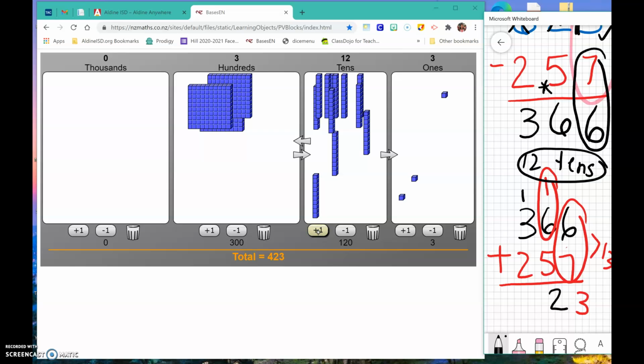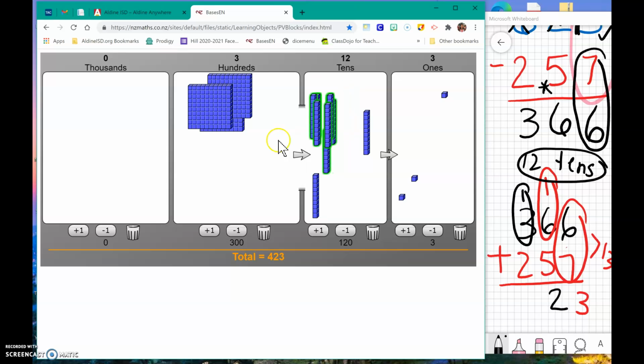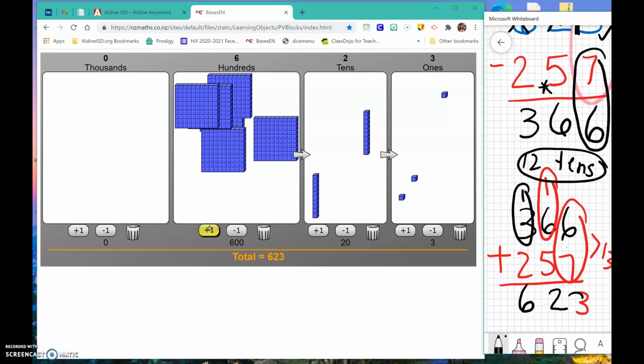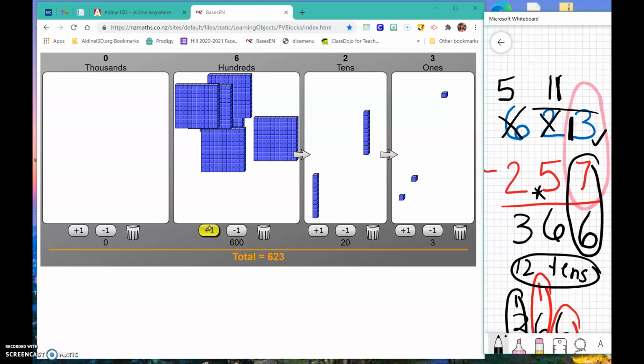So I'm going to put it like that because that's part of the 100 now. So I'm going to regroup those 10 tens into 100. So now I have 400, como 1 plus 3 equals 4. But then I need to add 2 more 100. Ready? 100, 200. So I'm going to have 600. So my total sum again is 623. And you see, oh, it was right there hidden.